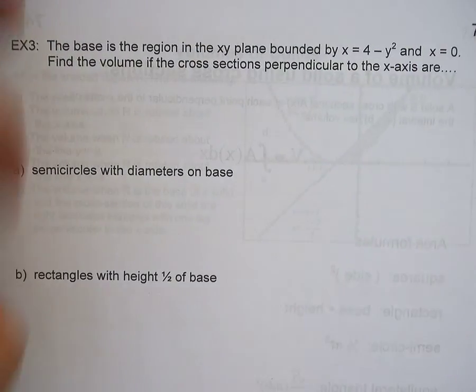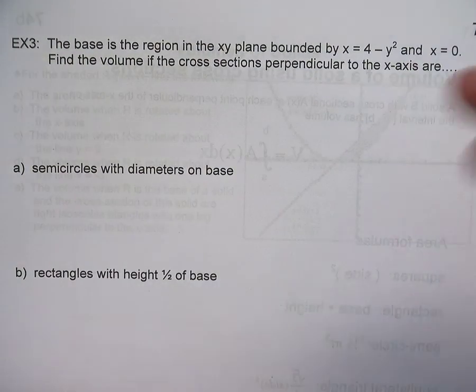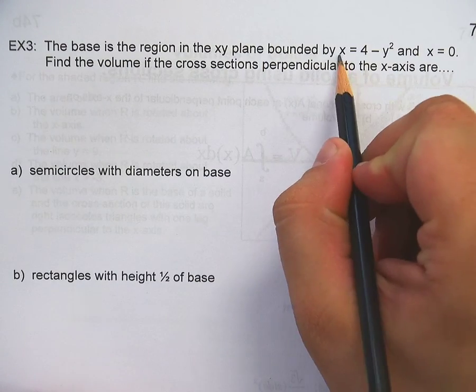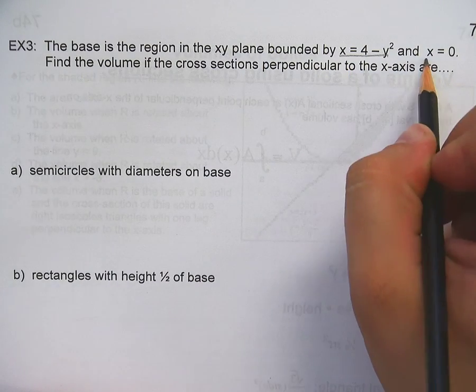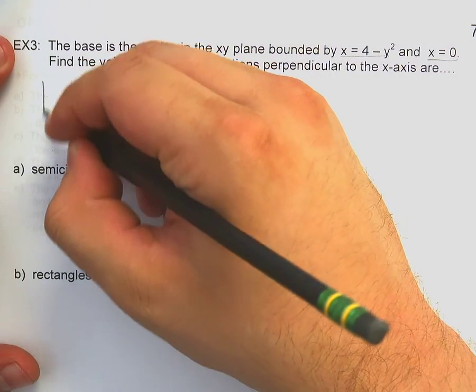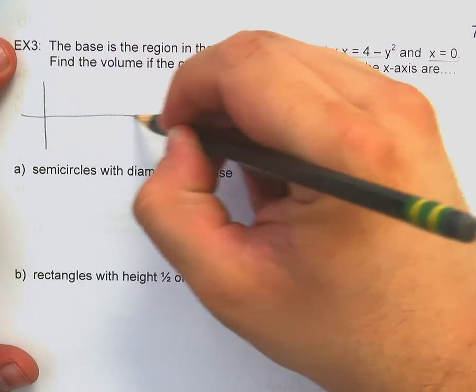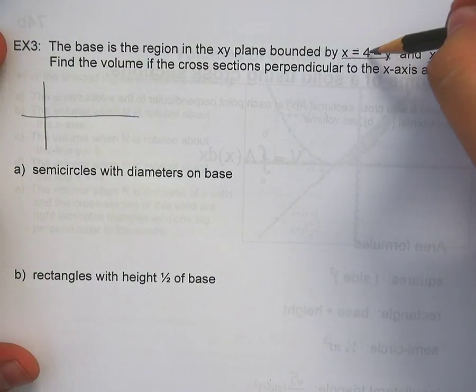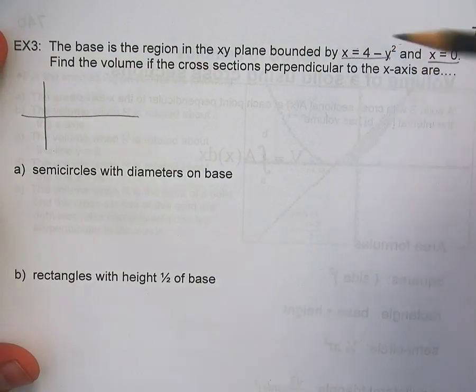Example number 3, right there. Base of a region in the xy plane bounded by this guy and x equals 0. So first let's draw it. x equals 4 minus y squared.